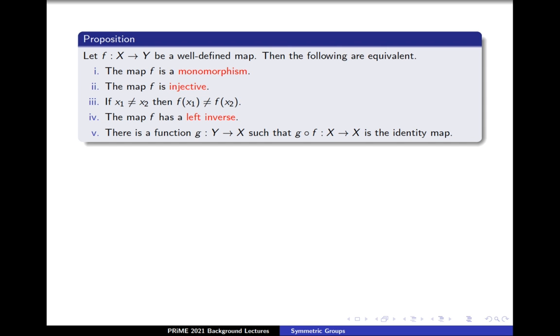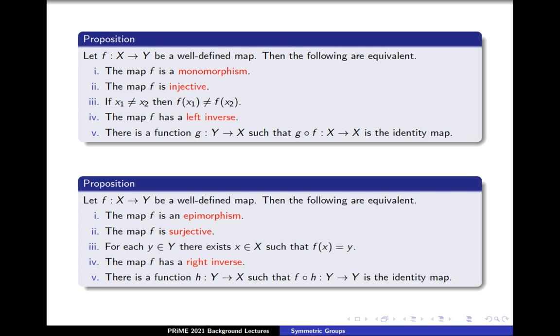This says that if x1 is not equal to x2, then f of x1 is not equal to f of x2. This happens if and only if the map f has a left inverse. This means that there is a function g from Y to X such that g composed with f from X to X is the identity map.